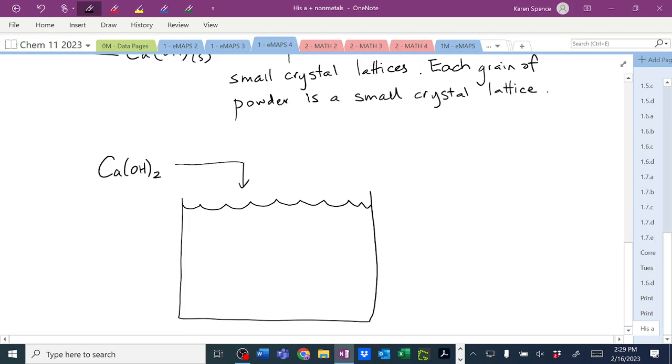And within that beaker, it was very cloudy, yes? So most of the calcium hydroxide stayed as tiny little ionic crystal lattices.